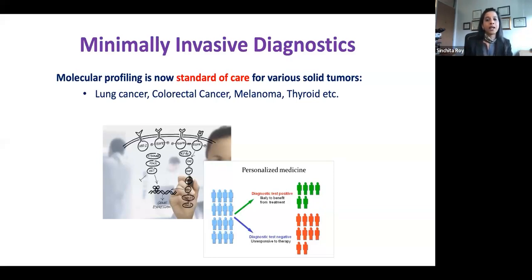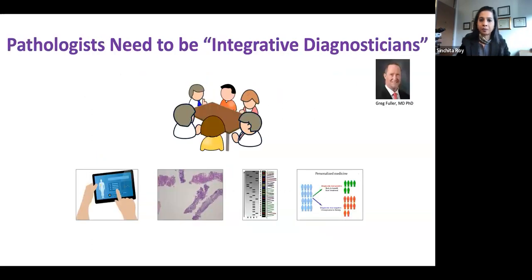And we want to design drugs that target these specific molecules, and then decide which patients show a positive biomarker, so that they can respond to that specific treatment. So that's the premise of personalized medicine, where you use a treatment that's specific depending on the molecular finding that you detect in that patient's tumor.